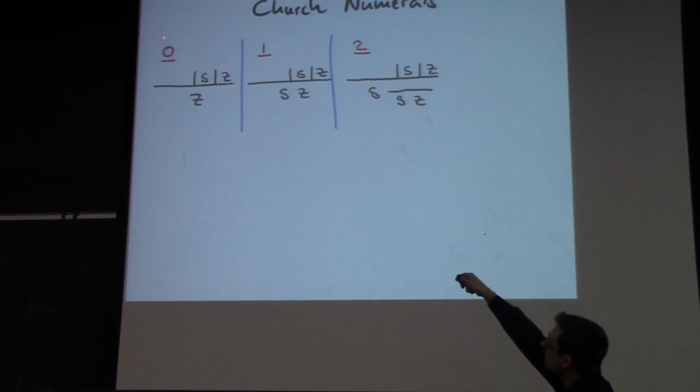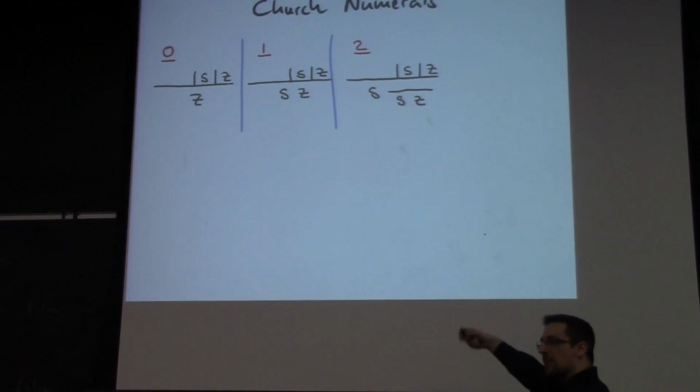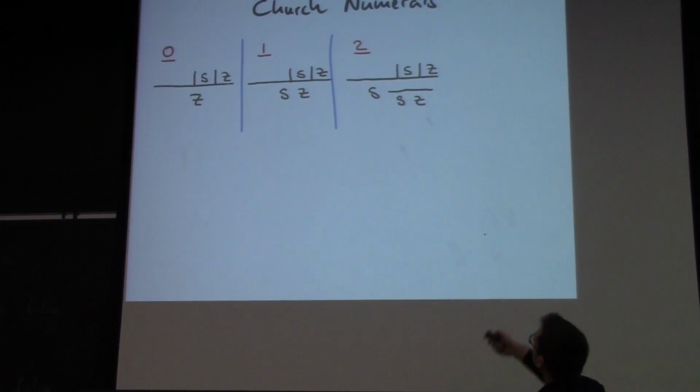In general, if you have a number n, we let S eat itself n times and then eat the Z. So in the case where it's a 0, we just return Z. If we have a 1, we let S eat Z, so that gives us 1. Then if we have 2, we let S eat 1, which is exactly S eating Z, and so on.